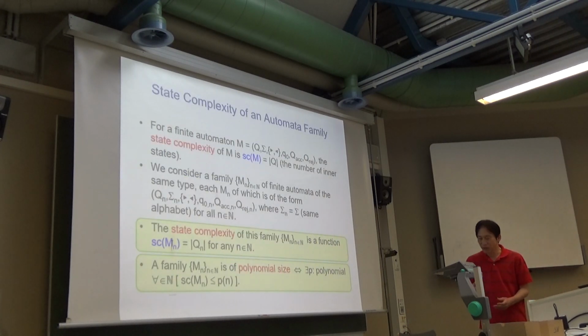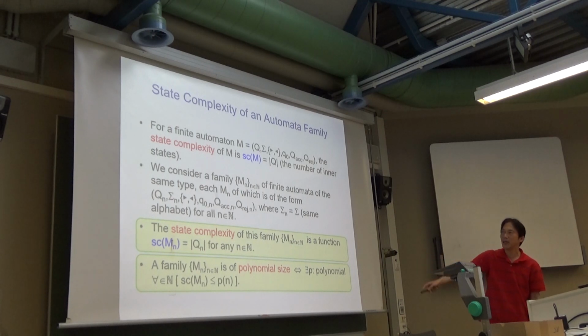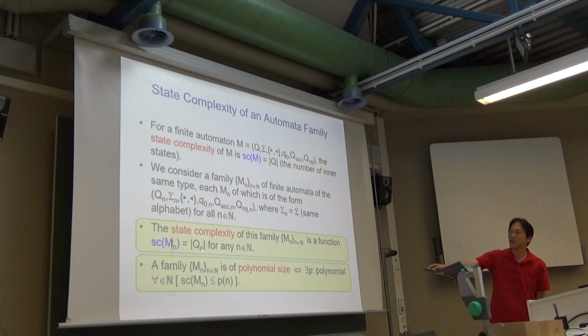All right. Now we go into more detail. State complexity usually refers to the number of inner states for each individual machine. But now we have a family of finite automata. So the state complexity associated with this family is just a function. You take the nth machine, then you can calculate the size, the total number of inner states used for the nth machine.